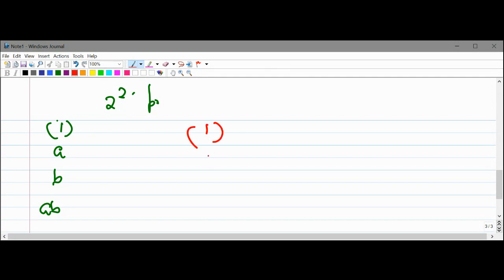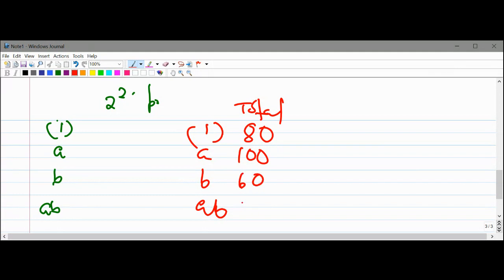So let me write them nicely here: neutral, A, B, AB. I said you find the totals, right? Can you please remind me about the totals from the morning class? What were our totals for that problem? 80, 100, 100, 60, 60, 90.